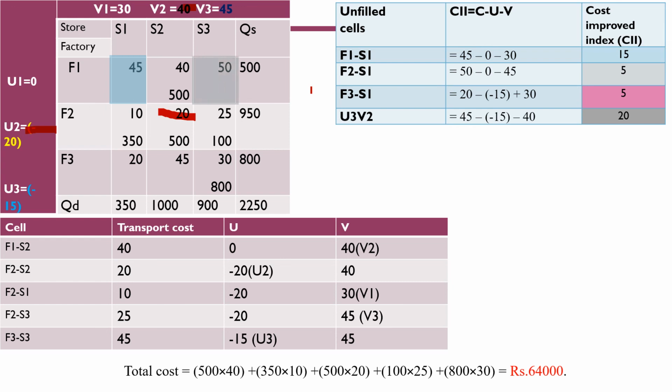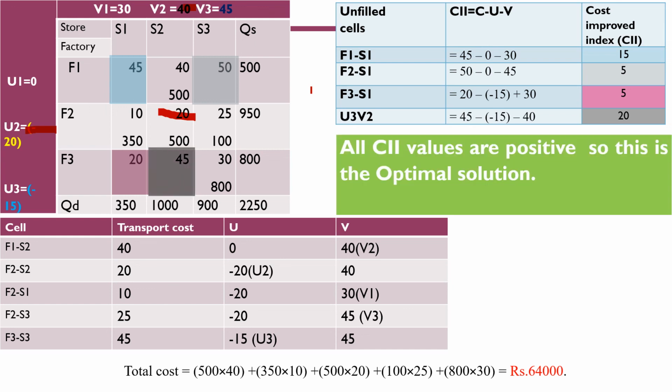And in the next one, that is the F1 S3 cell, the cost improvement index is 5, whereas F3 S1 is 5, and in the final one, F3 S2, it is 20. Since the cost improvement index values are positive, we can say it is the optimum solution. We cannot reduce transportation cost further.